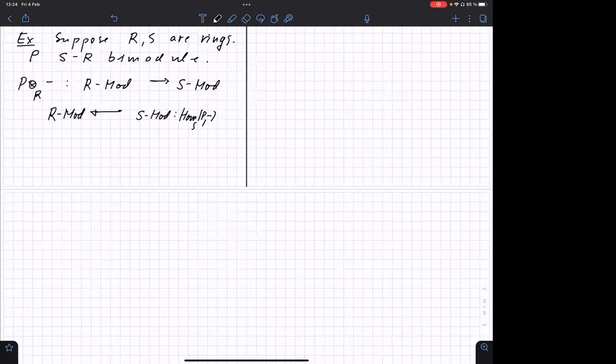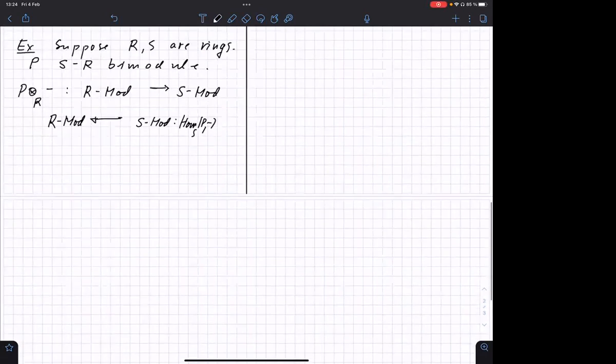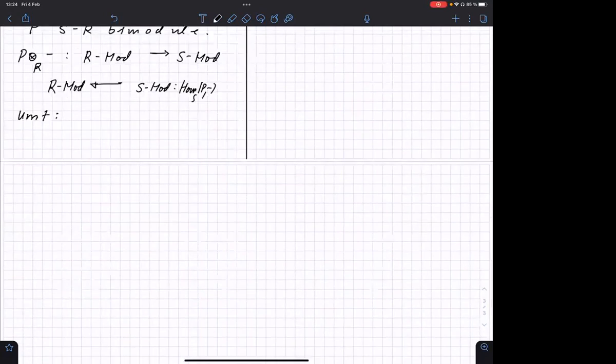So let me give first the unit. I'll just tell you what its value is on a module. The naturality will be pretty obvious. So what am I going to do? I'm going to apply first the right adjoint, which is the Hom.